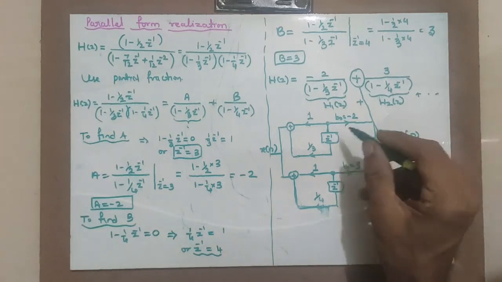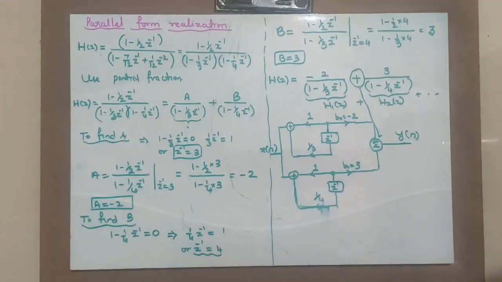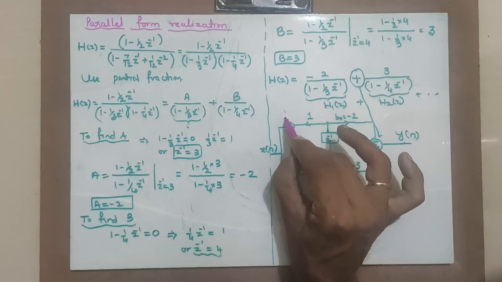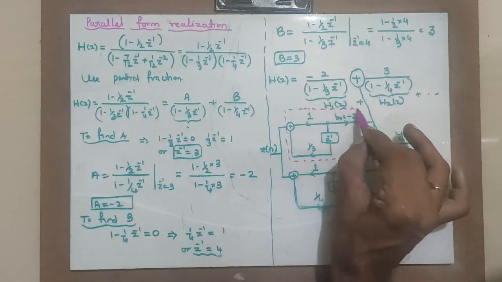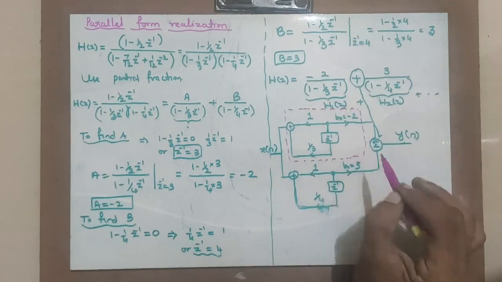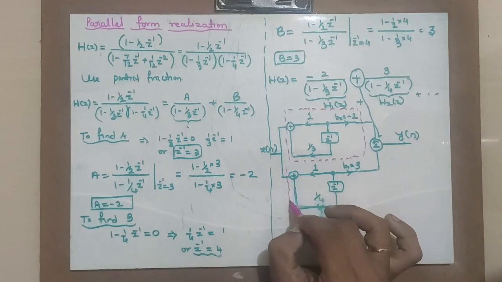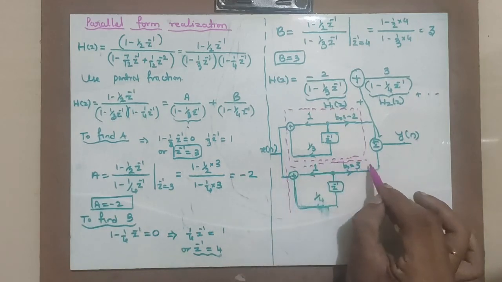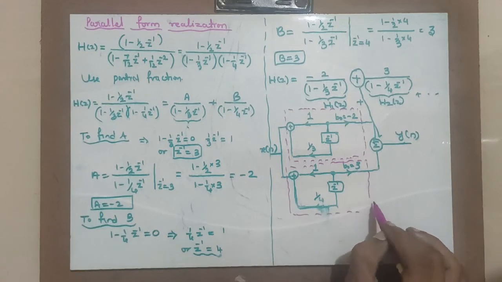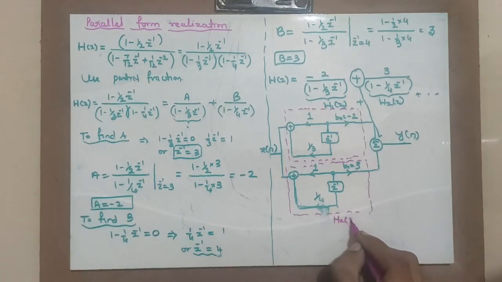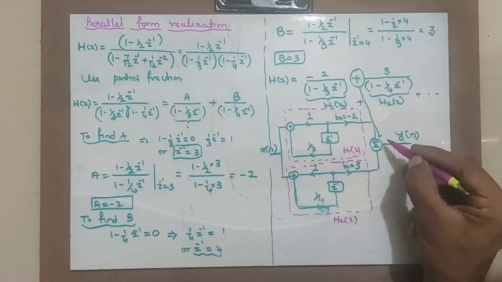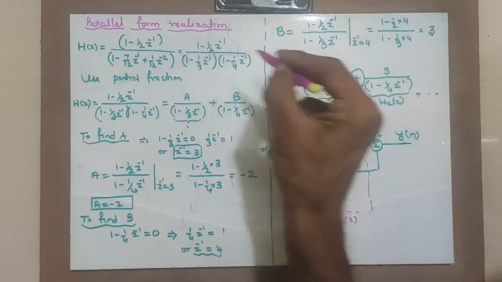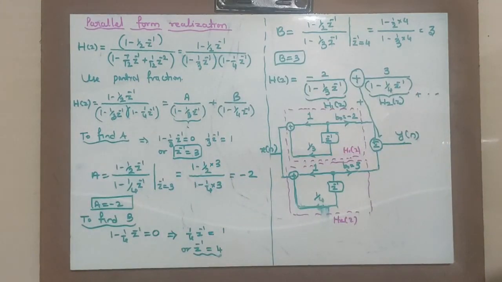This is the structure which is required. This is completely H1 of z, and this is completely H2 of z, having common input x of n, and they are summed up to give the output y of n. This is how the parallel form realization is to be implemented.